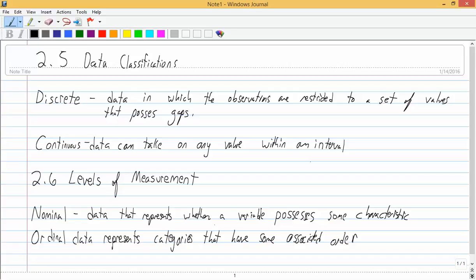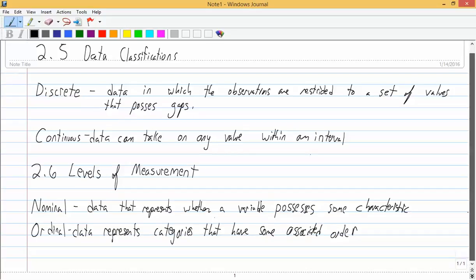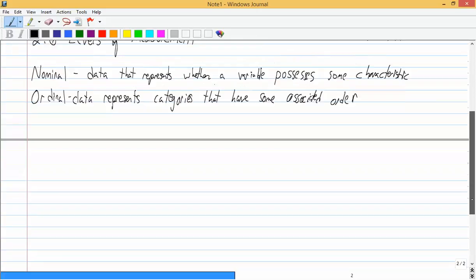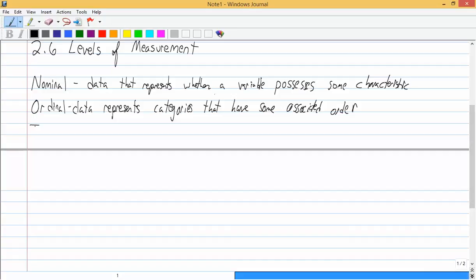So it does have some type of associated order, but you still can't add them together and make sense of it. Not until you get to the next level of measurement can you actually start doing things like that. And it's the interval level of measurement.